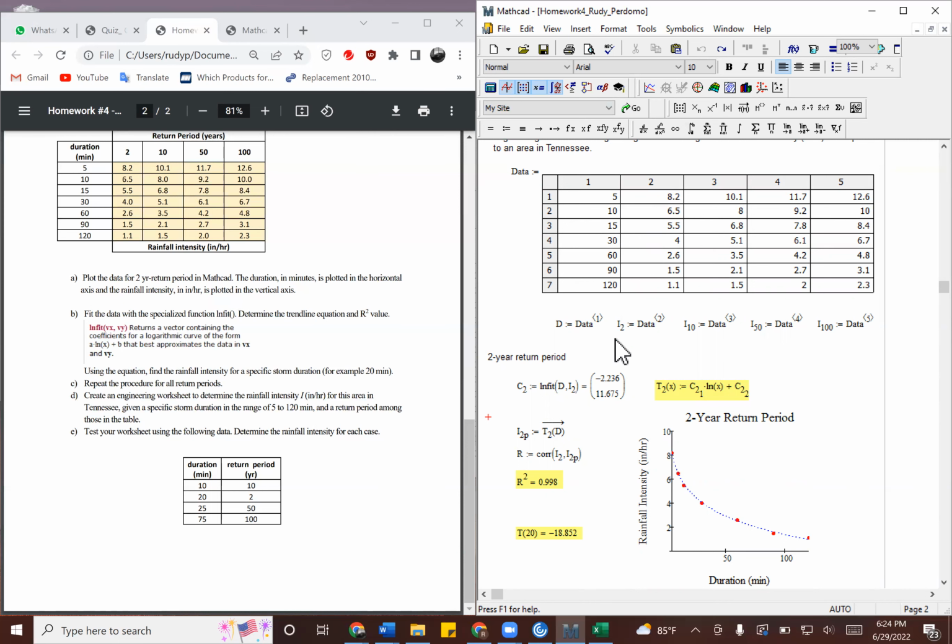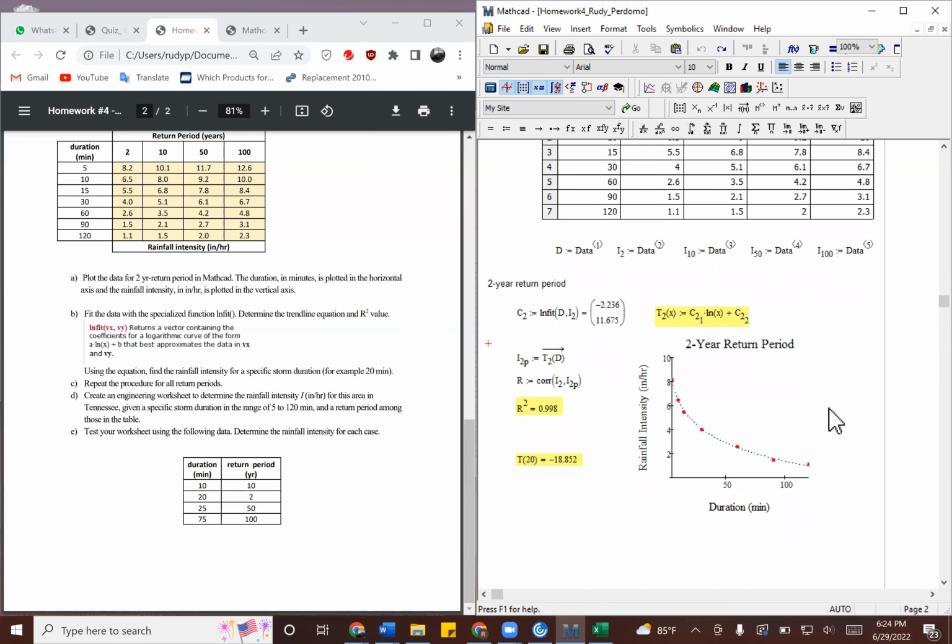At these D values, it gives us what the trend line predicts. Then you use the cor function: I dot 2 comma I dot 2 P. These are the actual values, and these are the predicted values. Once you square the R, you get the R squared.